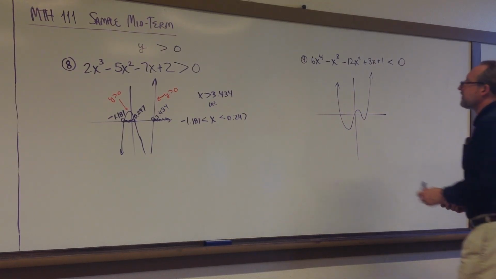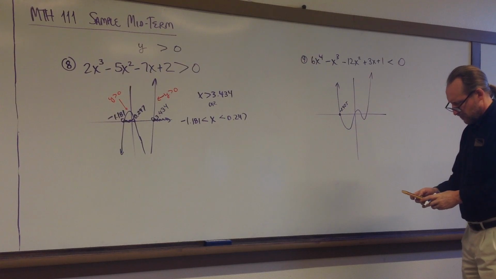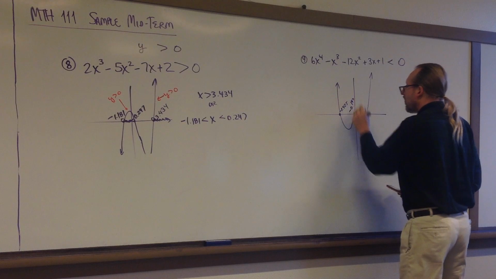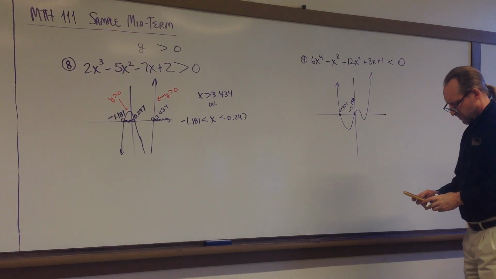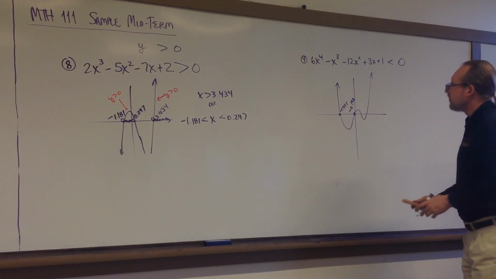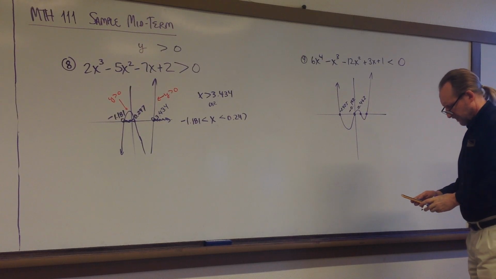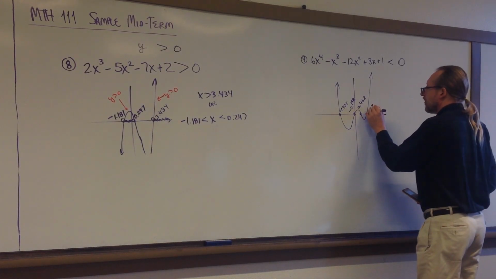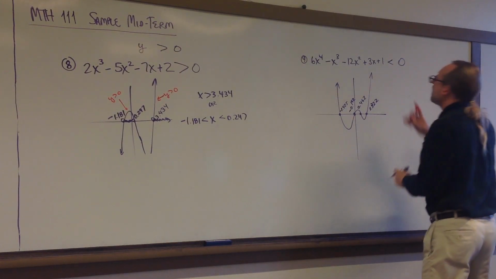That one, negative 1.425. Negative 0.192. 0.462. And 1.322.